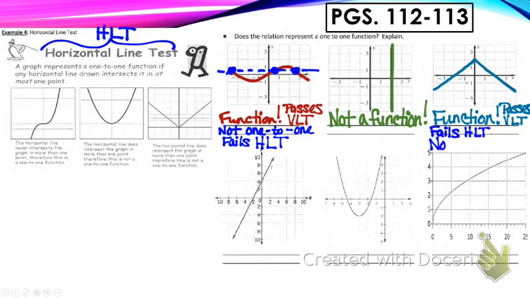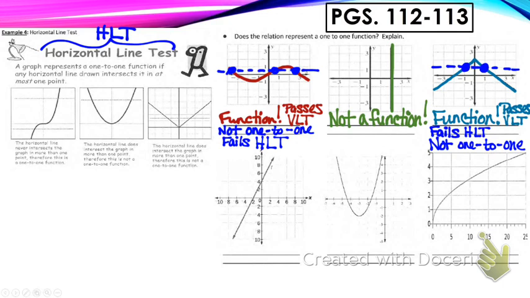So it is not one-to-one. Like if I put my horizontal line, say like right here, it would cross in 2 spots. Remember, it's if you can do it anywhere on the graph. Yep. On that particular graph, it would do that anywhere except right at the vertex.